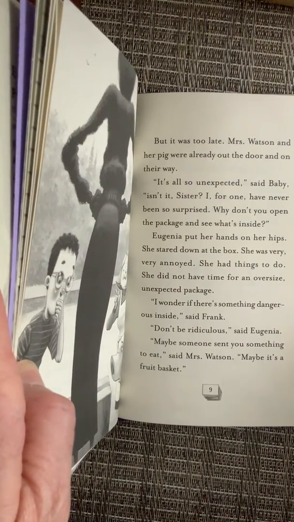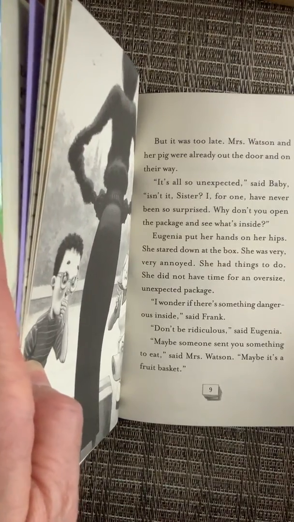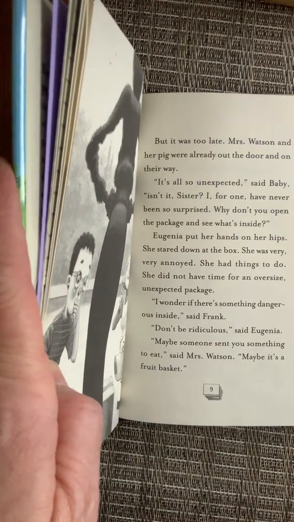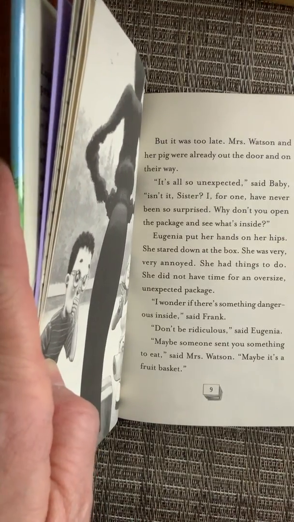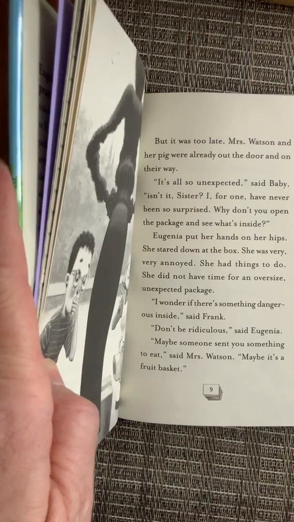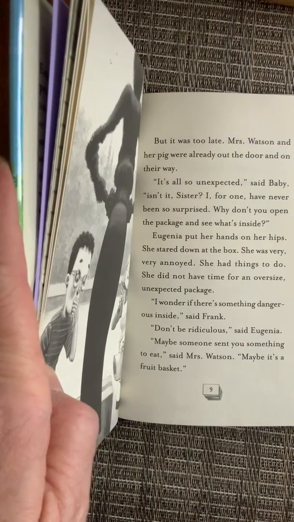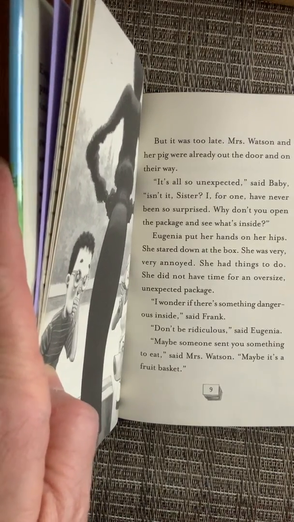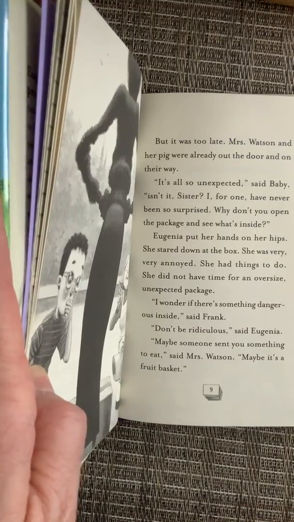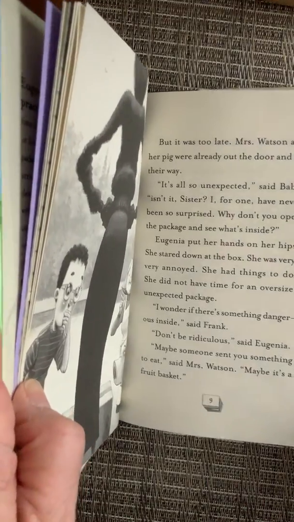"I wonder if there's something dangerous inside," said Frank. "Don't be ridiculous," said Eugenia. "Maybe someone sent you something to eat," said Mrs. Watson. "Maybe it's a fruit basket."